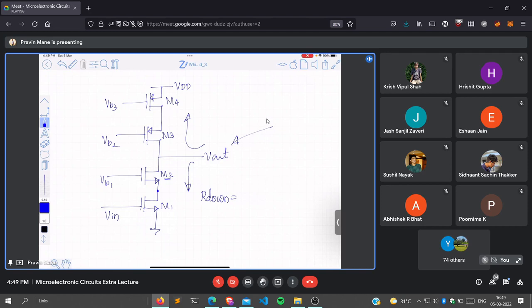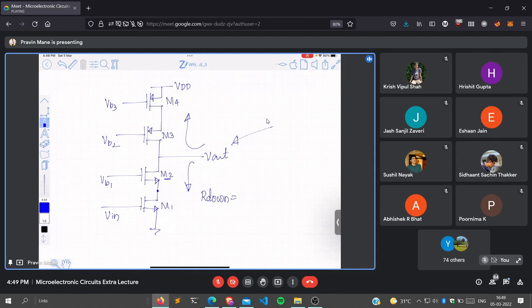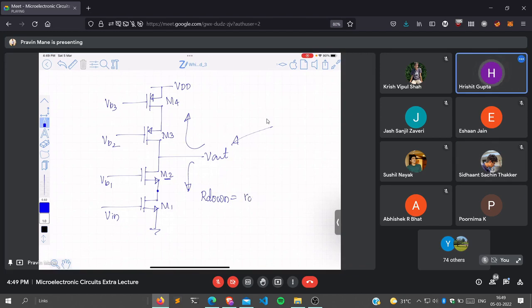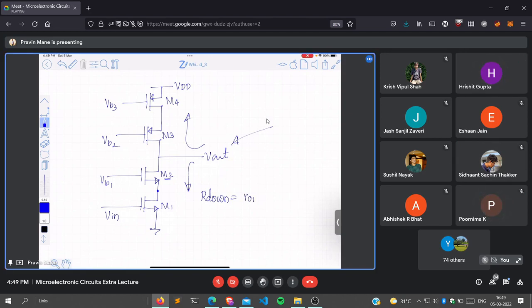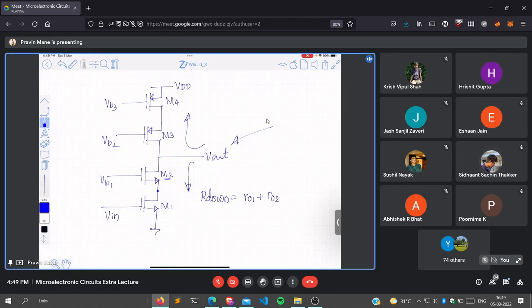It is RO1 plus RO2 plus GM2 RO1 RO2. Here RS is RO1, so R down is RO1 plus RO2 plus GM2 RO1 RO2.